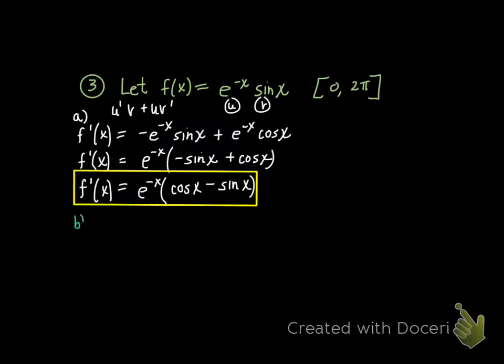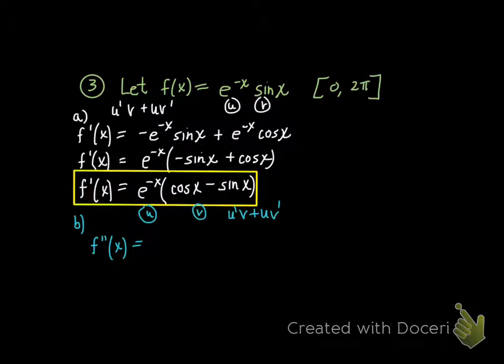Letter B challenges me to find the second derivative. Well, I'm going to use the first derivative. It says e to the negative x times the quantity cosine x minus sine x. This is going to require another product rule. So this time u is e to the negative x, and v is cosine x minus sine x. And again, the blueprint for the product rule is u prime v plus u v prime.